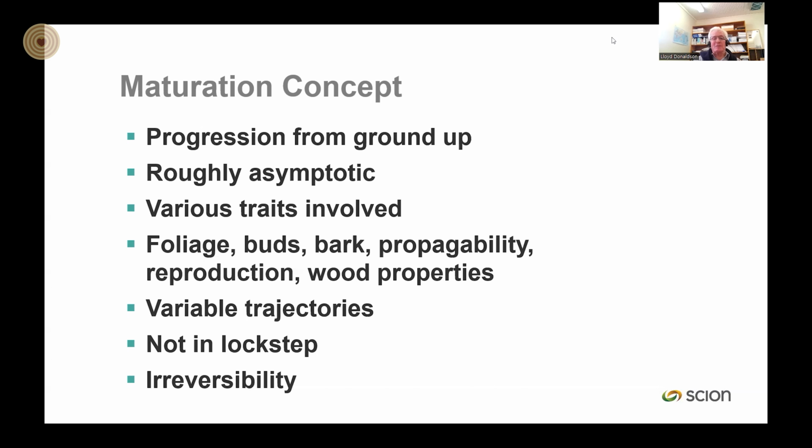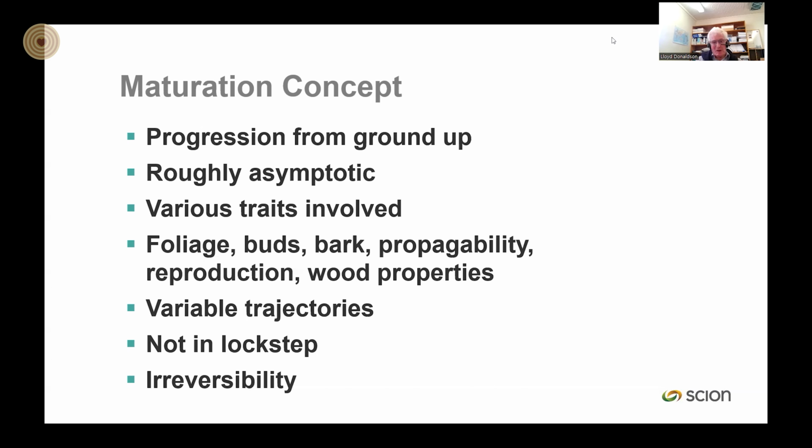You have the onset of reproduction, and a number of wood properties are involved. For instance, microfibril angle in relation to a given ring number from the pith tends to decline up the tree, whereas correspondingly modulus of elasticity increases. Fiber coarseness increases, as does grain spirality. That waviness of grain tends to disappear up the tree.